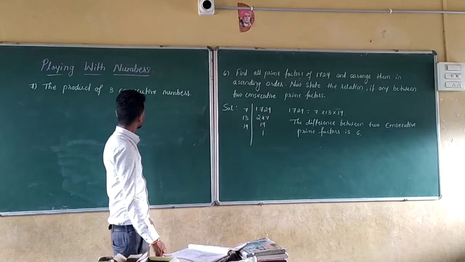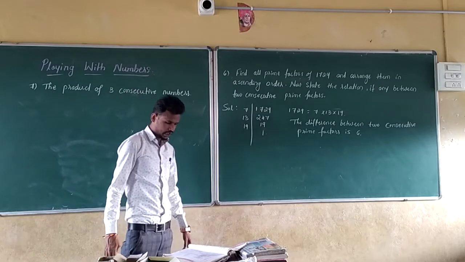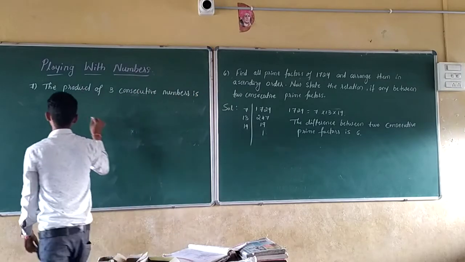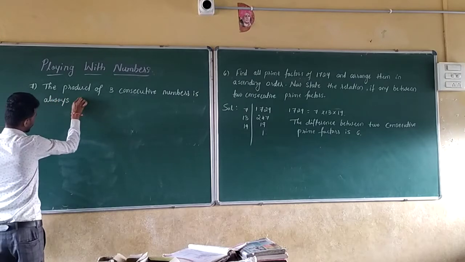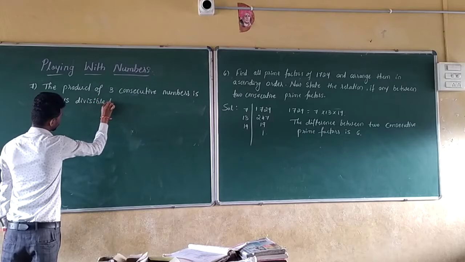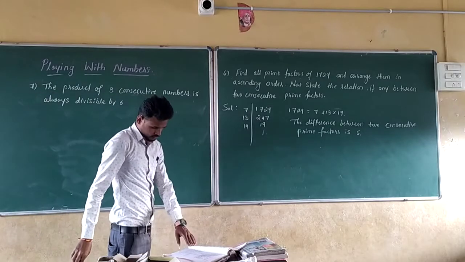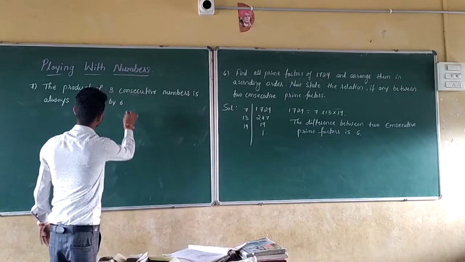So the product of three consecutive numbers is always divisible by 6. Verify this statement with the help of some examples.